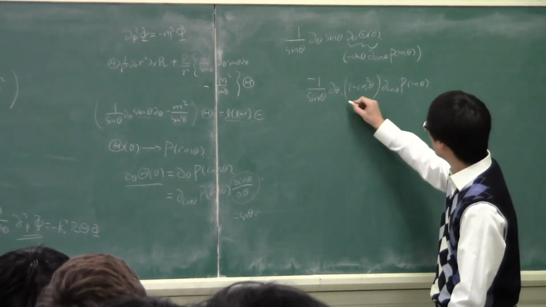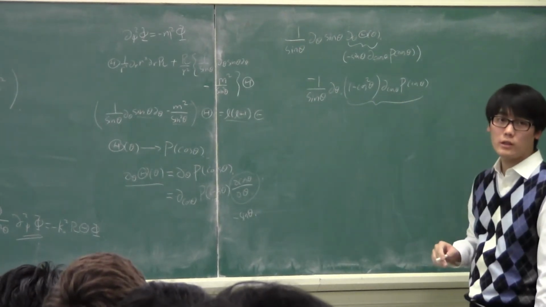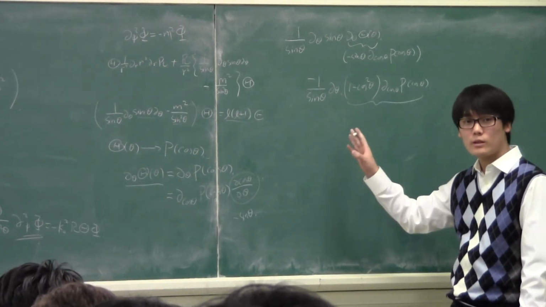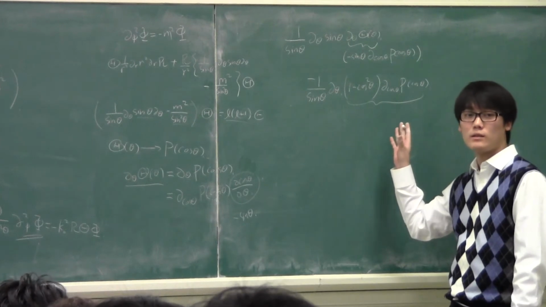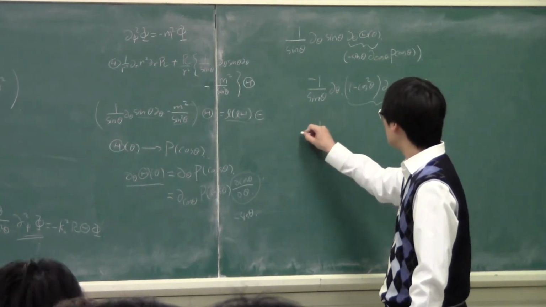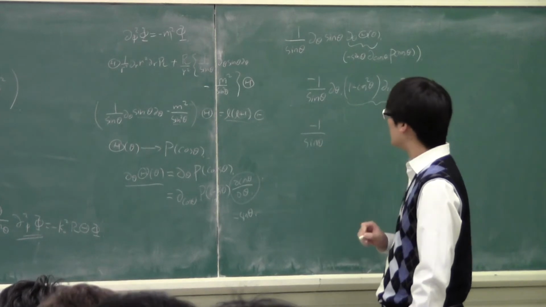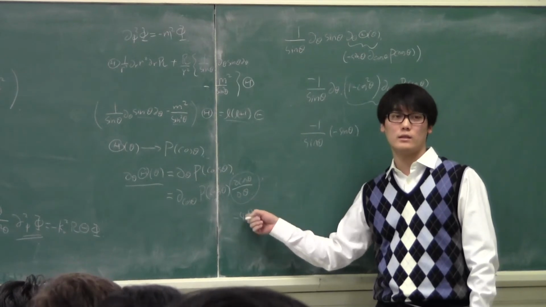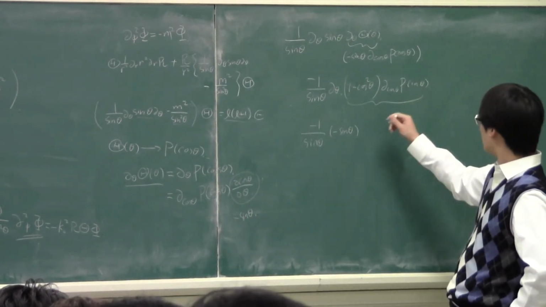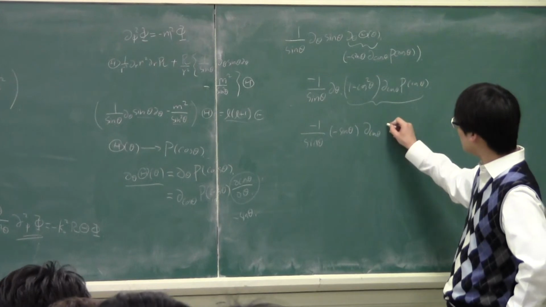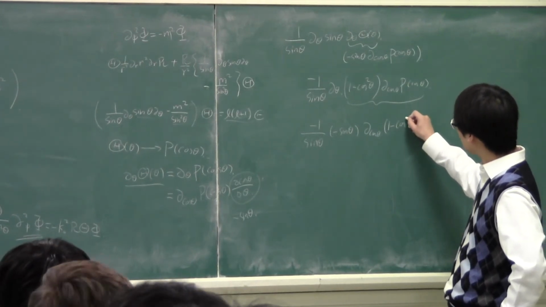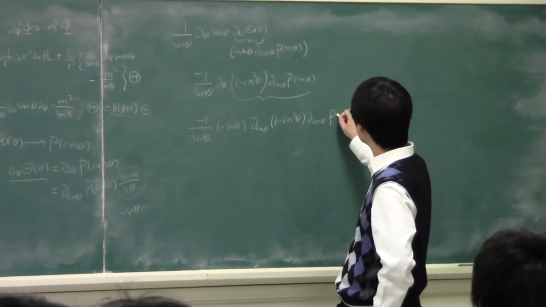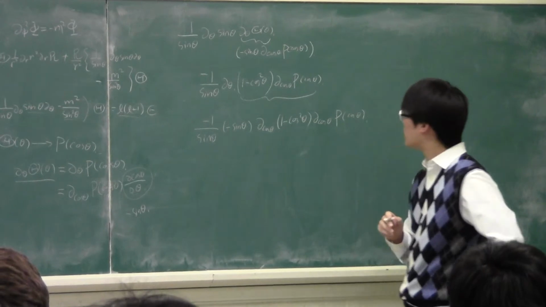So now I can think about this as another function of cosine theta, right? So taking its theta derivative is like taking its cosine theta derivative multiplied by minus sine theta, right? So I turn this into multiplying the minus sine theta coming from d cosine theta d theta, right? And then over here we have d cosine theta 1 minus cosine squared theta d cosine theta P of cosine theta. Alright.